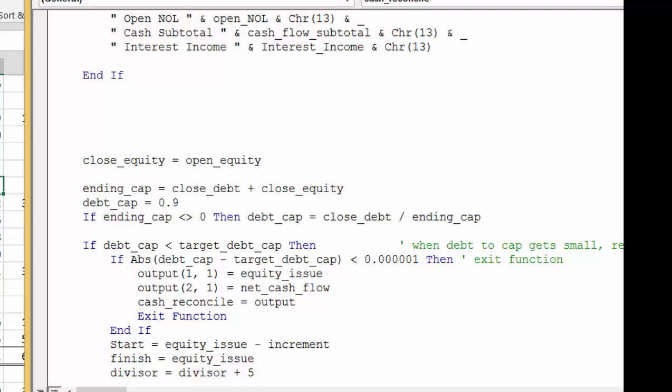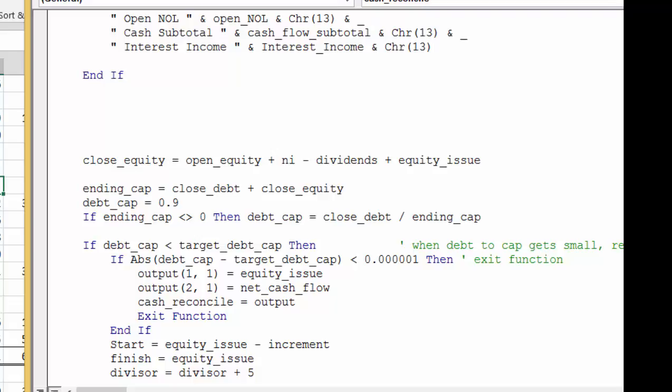Now we don't have either the opening equity or the target debt to capital, so that's what we're going to have to include in our function arguments, plus the net income, minus the dividends, plus the equity issue. Okay, now I think we have everything, don't we?